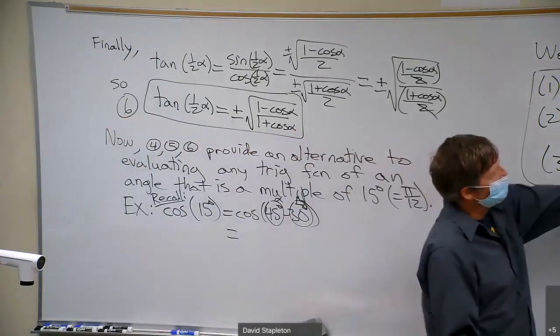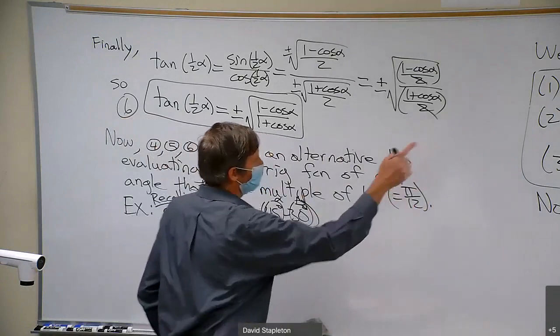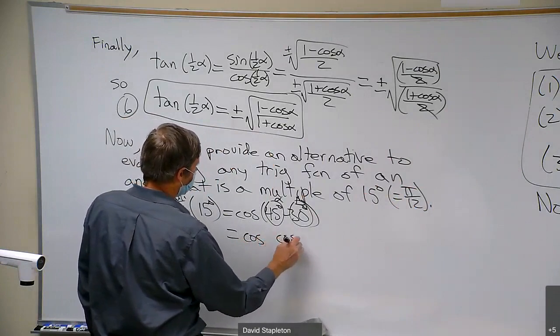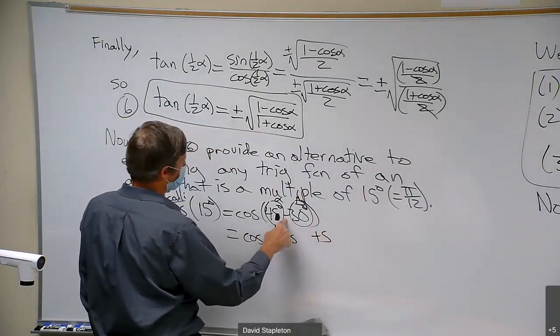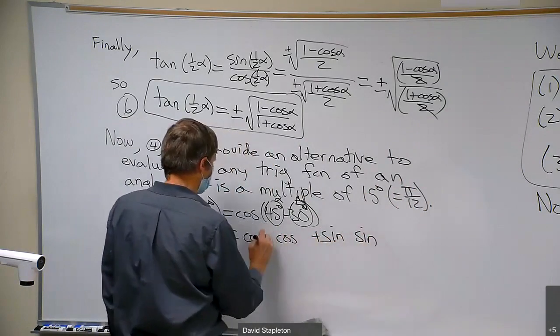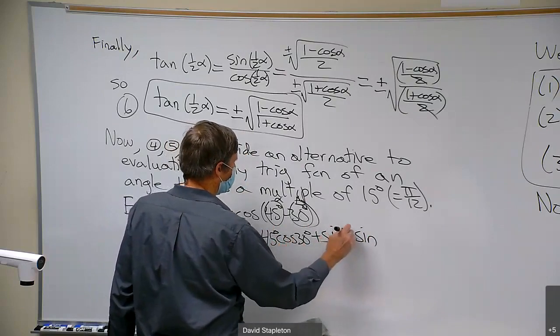I guess I didn't write the difference formula, just the sum. So it's cosine cosine plus sine sine for the cosine of the difference. Each of these angles in order: 45, 30, 45, 30.